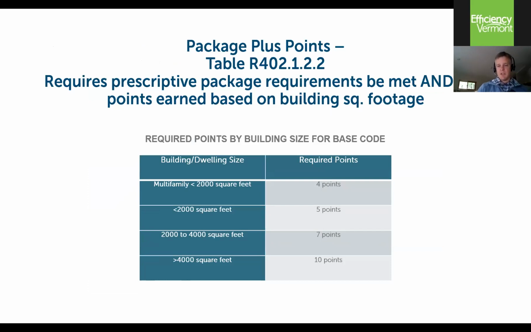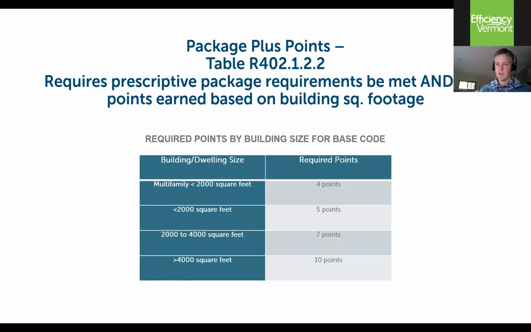A change in the 2020 code is that along with meeting those requirements laid out in the packages and fulfilling all of the different performance specifications in each building assembly type based on the package, based on the square footage of the house, the actual size of conditioned space for that house, a number of points are needed to be attained as well.